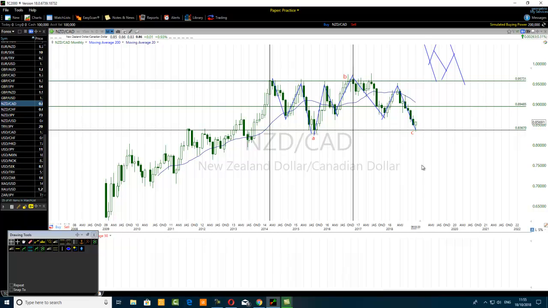So now at the point C, what can you focus on here? You will be focusing that the price will do again 1, 2, 3. It's normal to focus on that, but does it mean that the price will do that? It may do that, it may not do it.